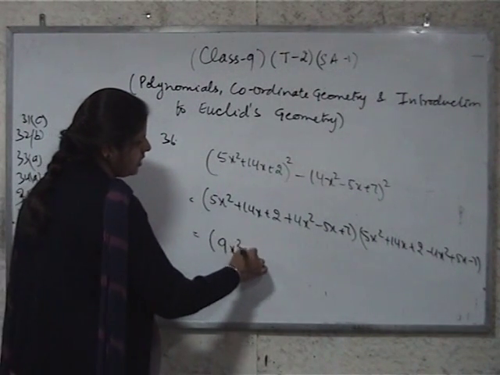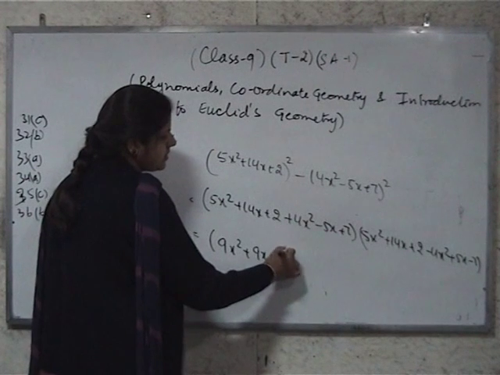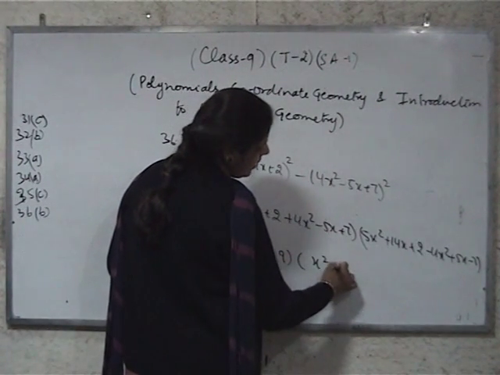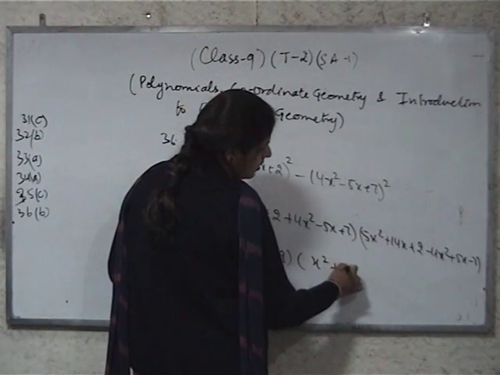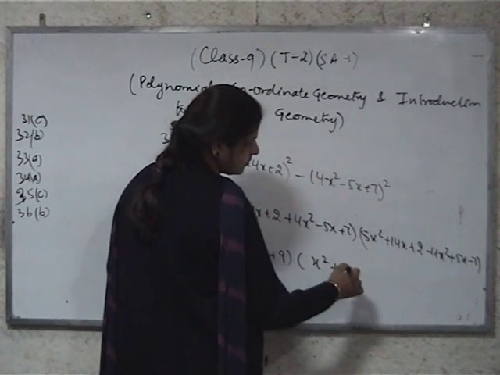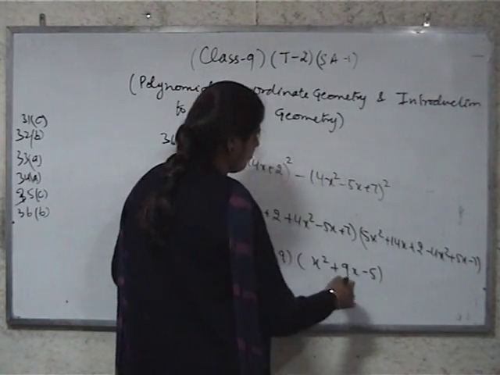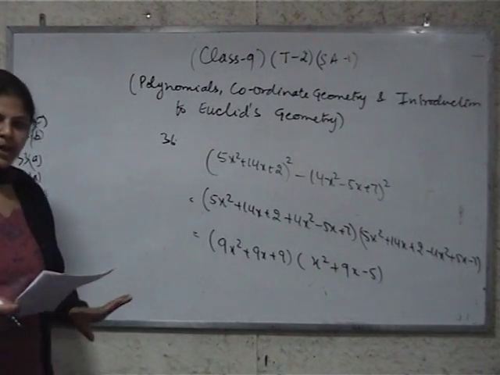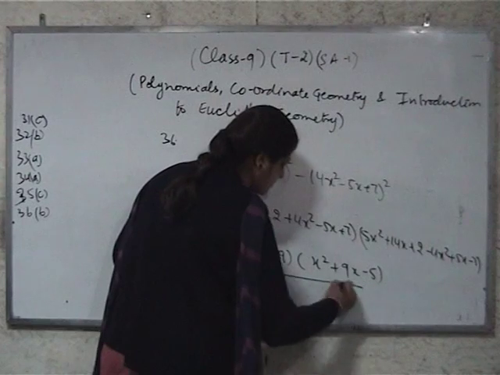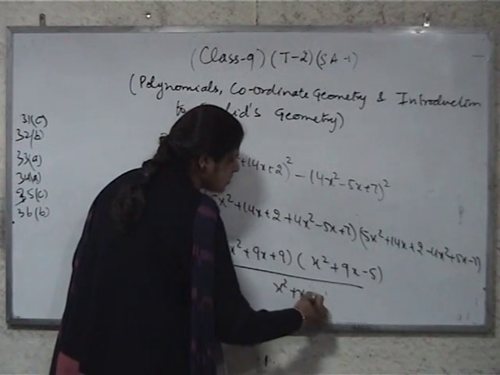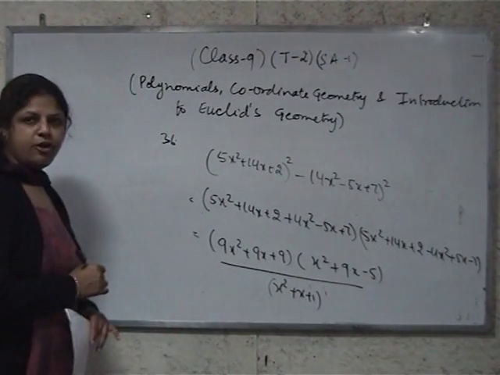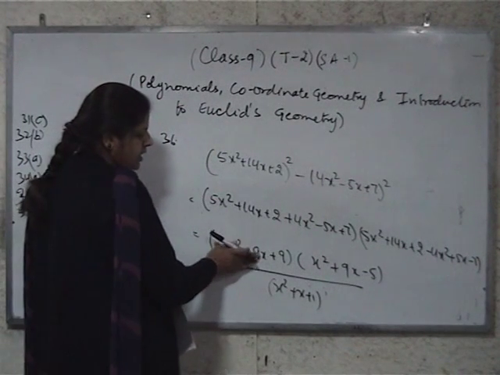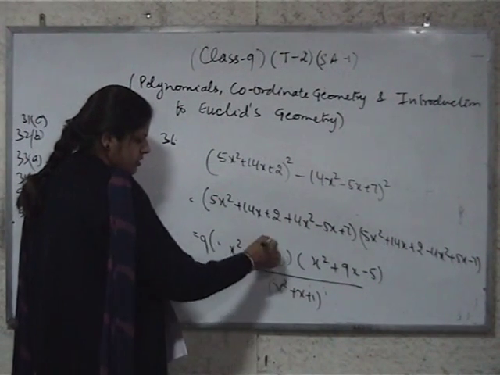9x square plus 9x plus 9 into x square plus 9x minus 5. This is to be divided by x square plus x plus 1. Now if you look at it, I take out 9 common from this, this goes with it.